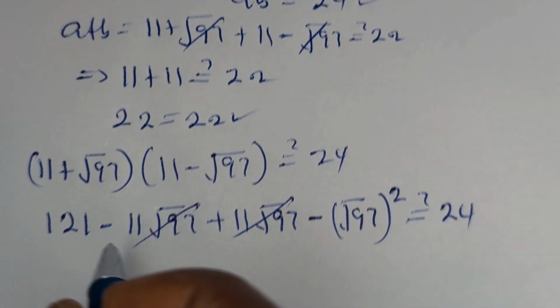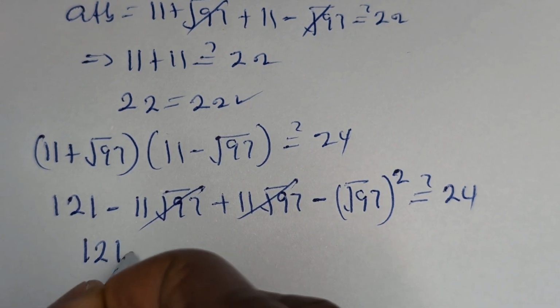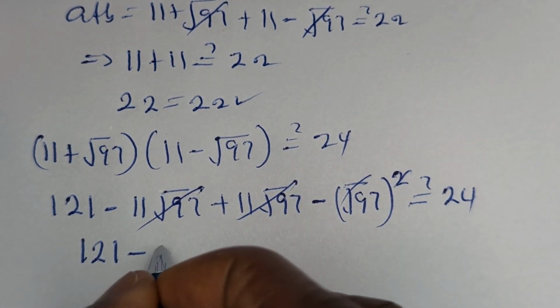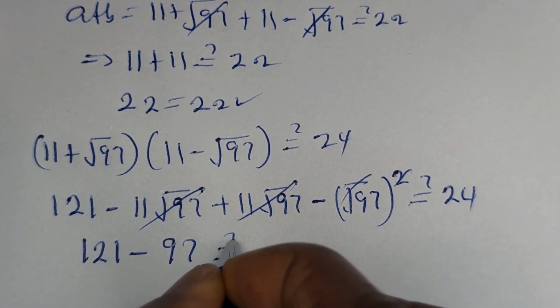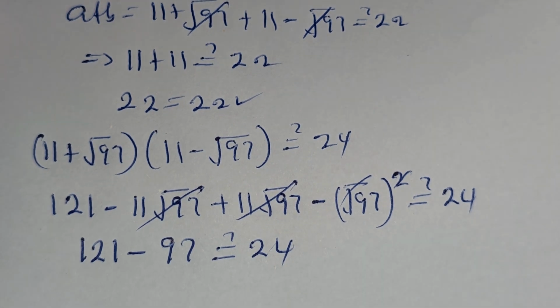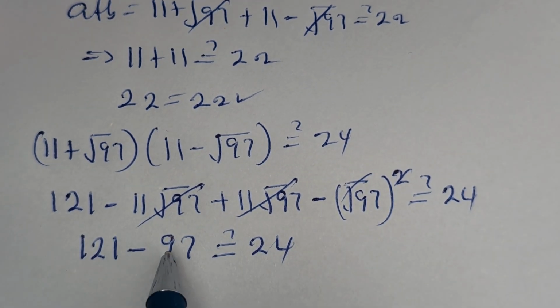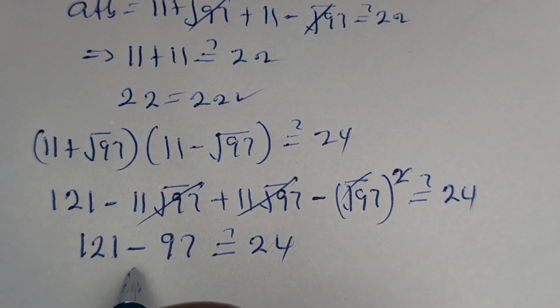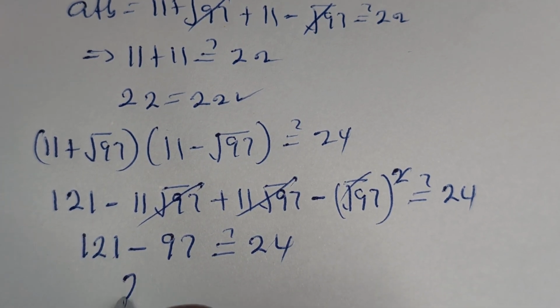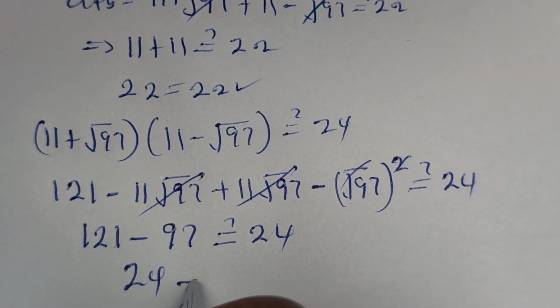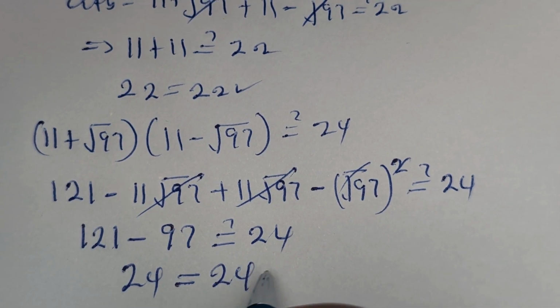This cancels this. Here is 121 minus 97 must be equal to 24. Then if you subtract 97 from 121, we have 24 is equal to 24, which is true.